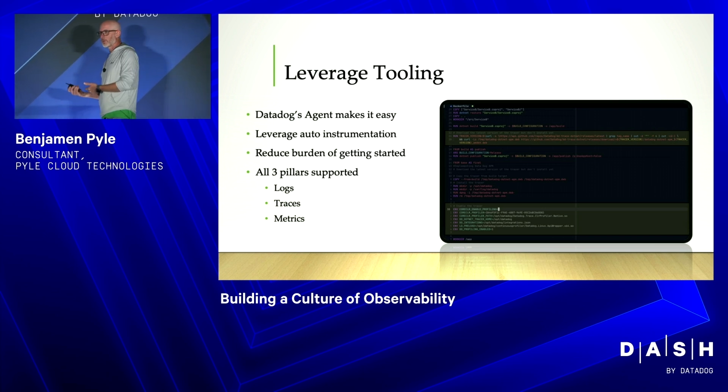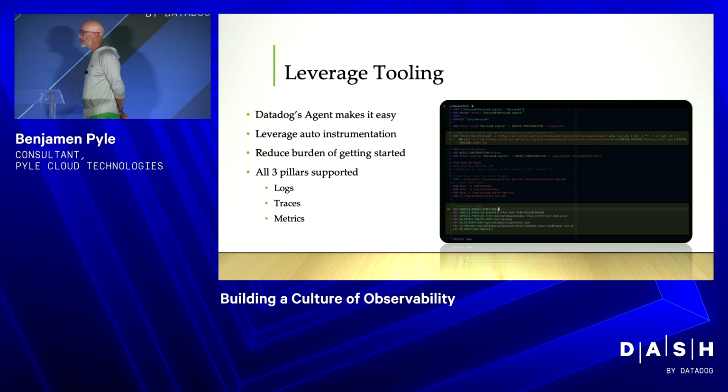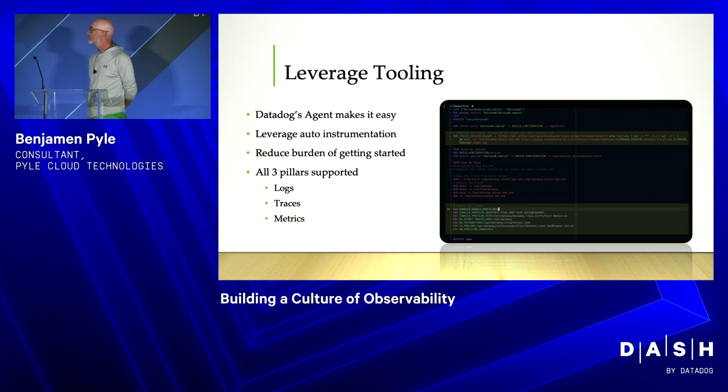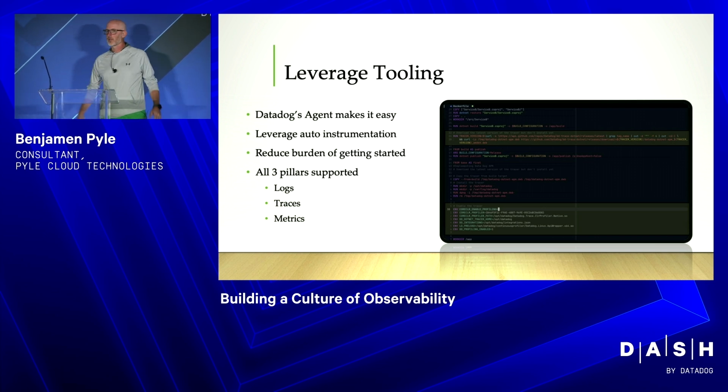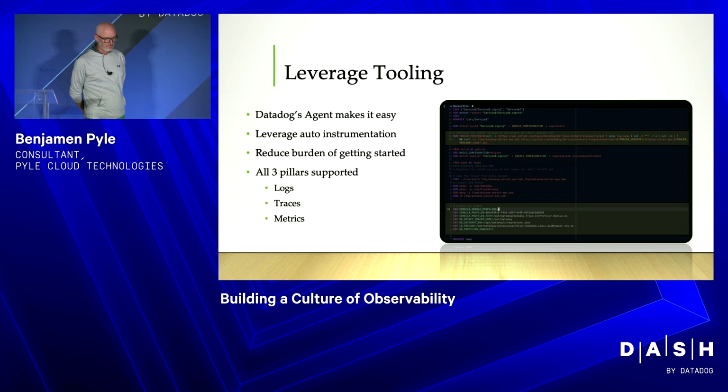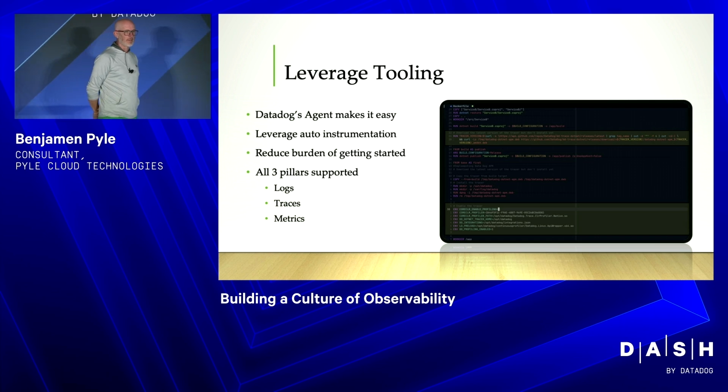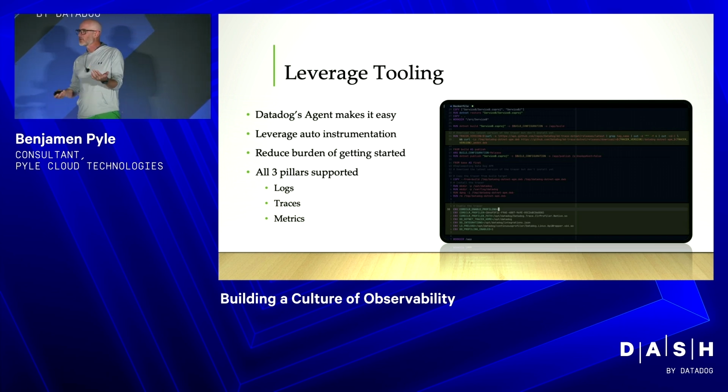I worked with a customer that had been using Datadog for about a year or so, struggling to get APM up and running. I spent a couple of weeks with them getting some, what I would call reference architecture, essentially getting some patterns stamped out for them to embed.